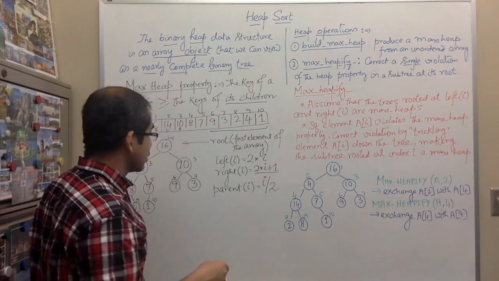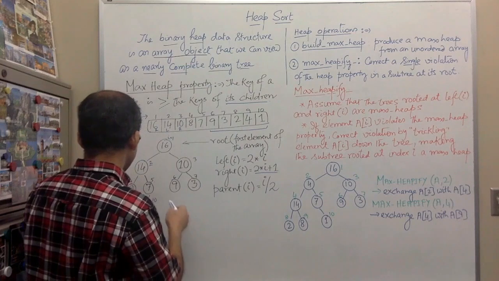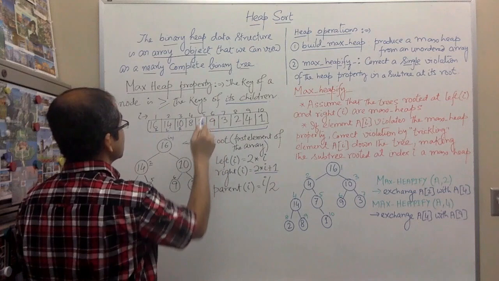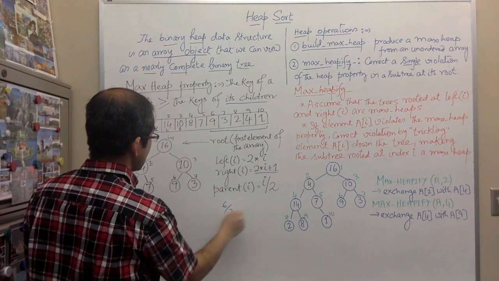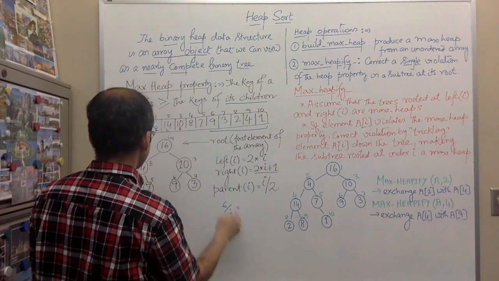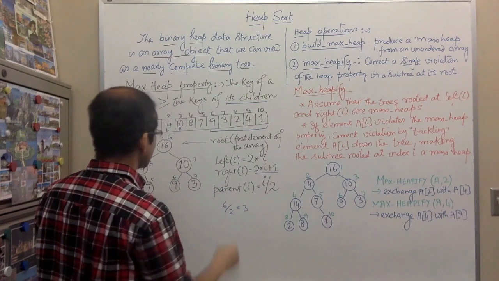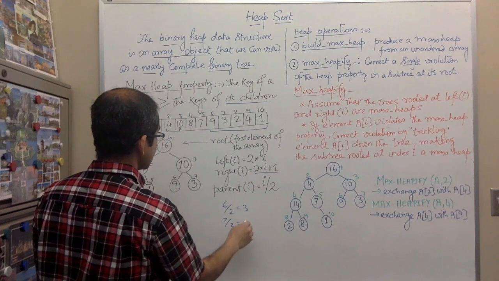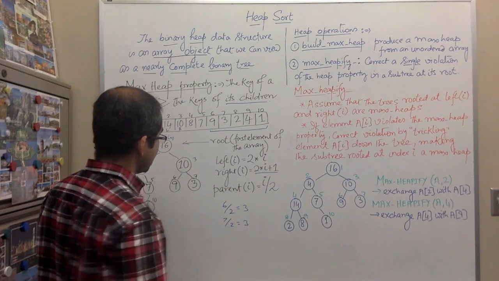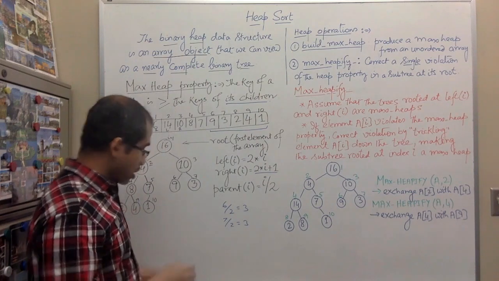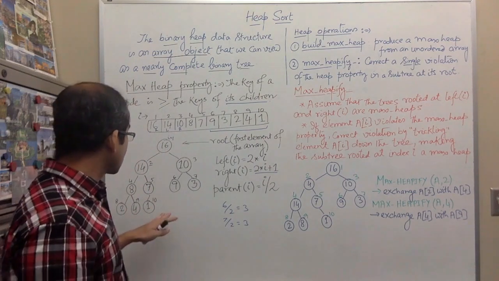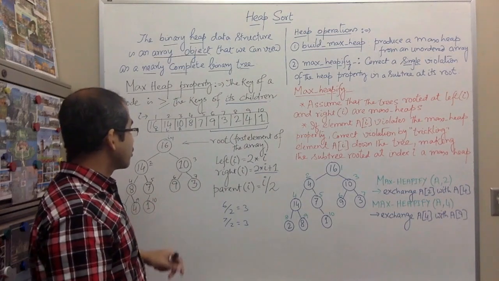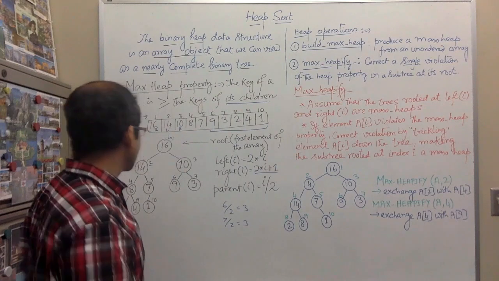For example, to find the parent of 9: 9 is at position 6, so it will be 6 divided by 2, that is 3. If we go for 7, 7 divided by 2 is also 3. So it's not remainder division. This is the way you can find the parent, left child, and right child in a binary heap tree.